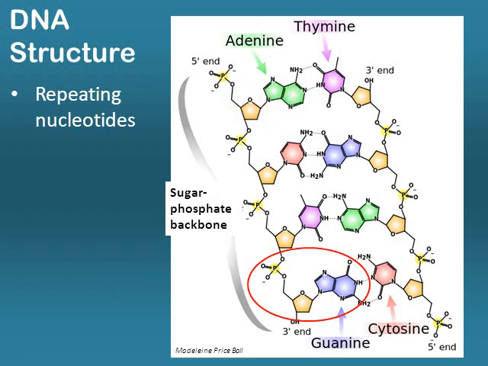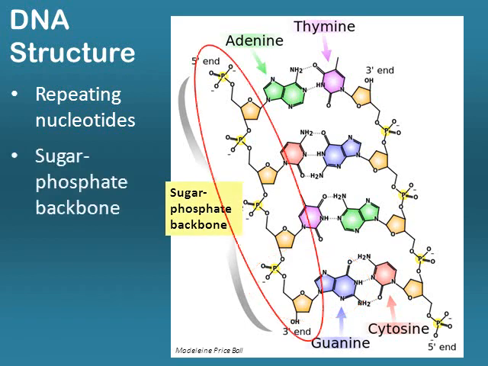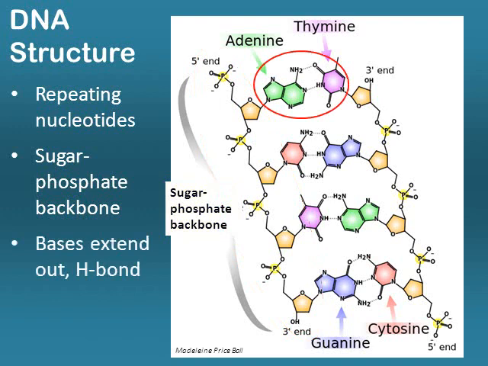Now notice that the sugar of one nucleotide bonds with the phosphate group of another nucleotide over and over again to create what we call the sugar-phosphate backbone of this molecule. And then you can see that the bases stick out from that sugar-phosphate backbone and extend out.